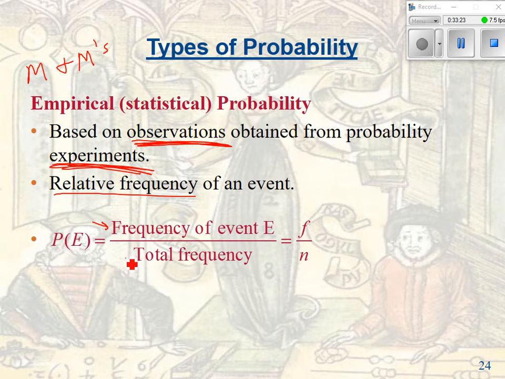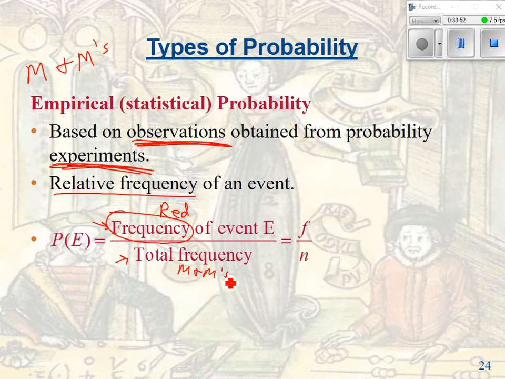It's sort of worded different, but it's just worded different because you're actually looking at your overall experiment. So when we were doing the M&Ms, this would be like, how many red M&Ms did we get? So what frequency did the red show up over the total frequency, or the total M&Ms, how many total M&Ms we had. So it looks a little different, but it's basically the same thing.